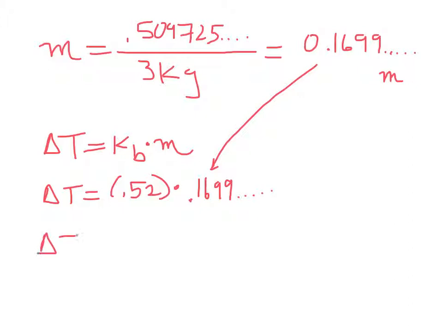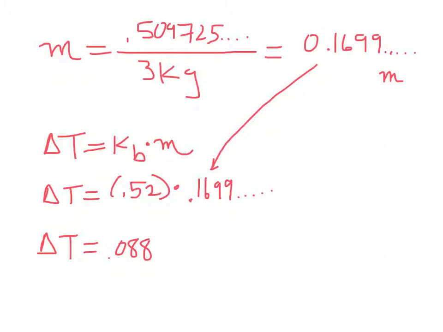So when I calculate this out, I get that our change in temperature is going to be 0.088. And you can notice here that I've gone ahead and rounded it now to 2 sig figs based on this. So there's our 2 sig figs. So 0.088 is the change in our boiling point.